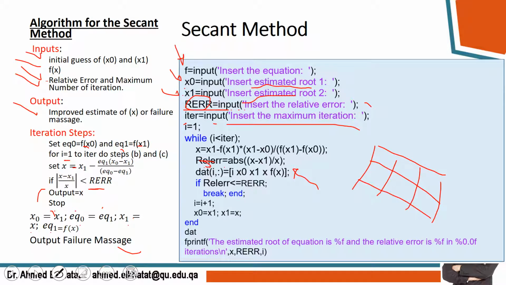Otherwise, i equals i plus 1 to continue the iteration, x naught will be x1, and x1 will be x.